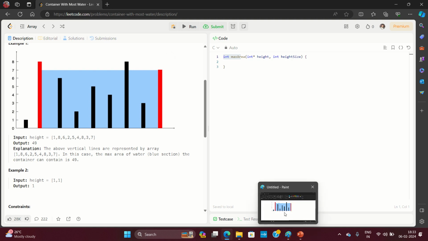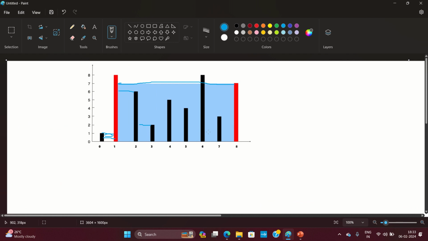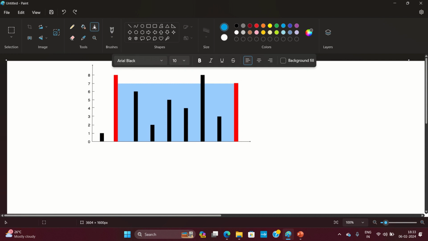As per that, we can consider two pointers. The first one is I, starting from 0, and the other pointer starts from the ith index plus 1.